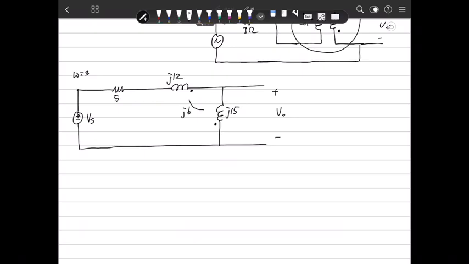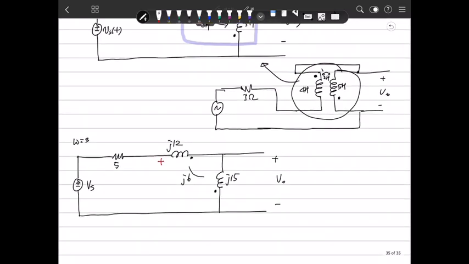Here we need to find out the voltage and current. So I want to define the voltage here. At first, I want to define the voltage in this manner. Define this is, I like to define the voltage plus minus V1. And this current is I1. I define this way. And I also define this way. This is a V2.